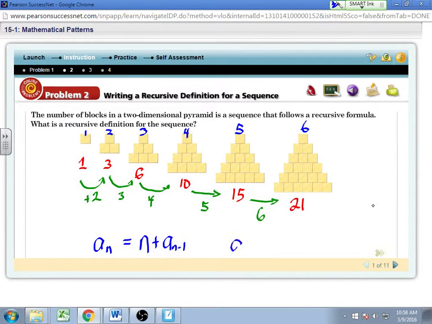So we also want to say a1 equals 1. Is there anything else we need to classify? This gives me a starting off point. A sub 1 might be anything depending on the sequence, so we have to say what it is. Because then I could find a sub 2 or a sub 3. So I have to not only list that a sub n is n plus the previous term, but I have to notate that a sub 1 is 1. We start at a value of 1.